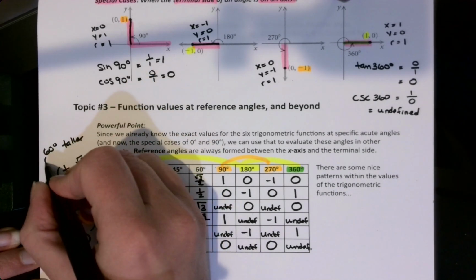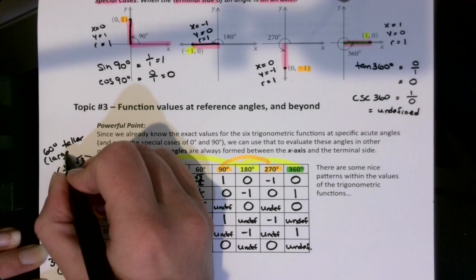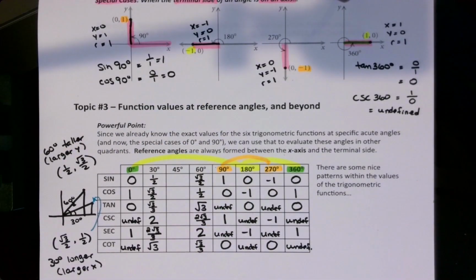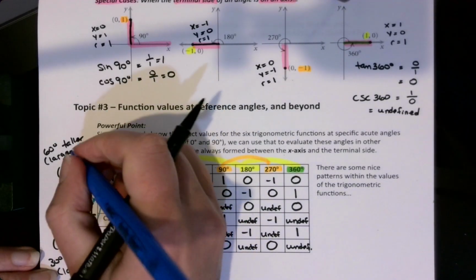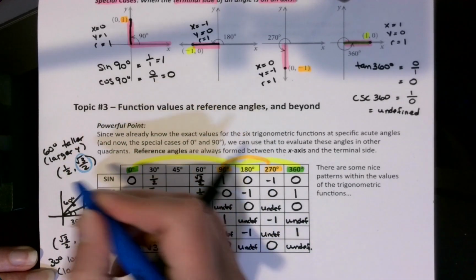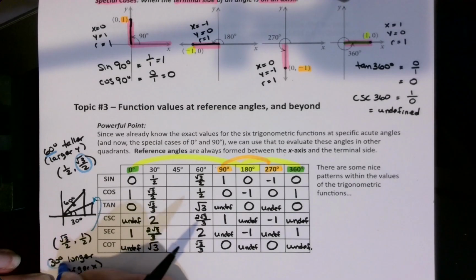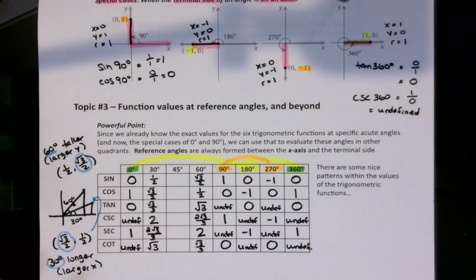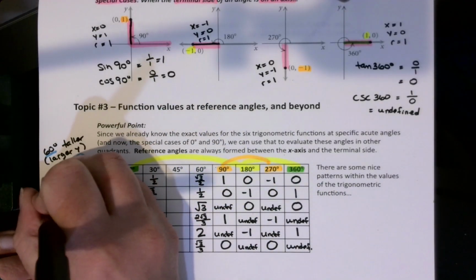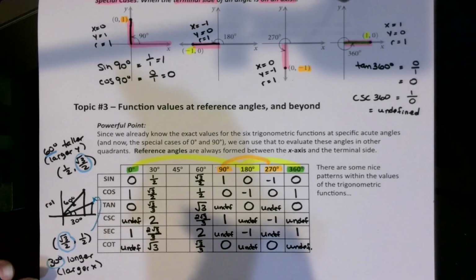So it's going to have the larger y. See what I mean? The y value is the square root of 3 over 2 on the 60 degrees. And the x value is the square root of 3 over 2 on the 30 degrees. Now, if I use my definitions, in both of these cases, the r value is 1 for these ordered pairs right here.